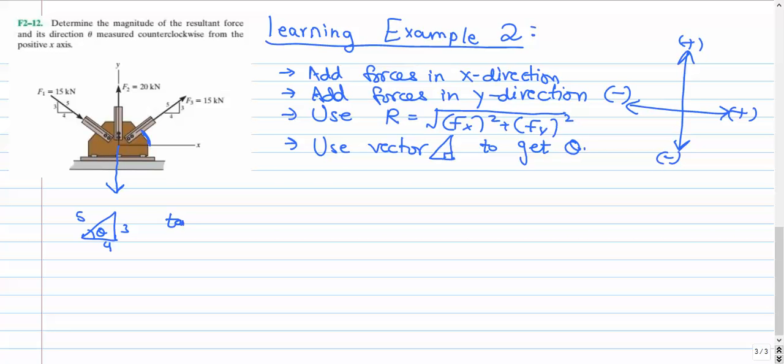Tan of theta would be equal to 3 by 4, and theta would be equal to tan inverse 3 by 4, which would be equal to 36.87 degrees. Now from the diagram we can see that this angle is equal to this angle.